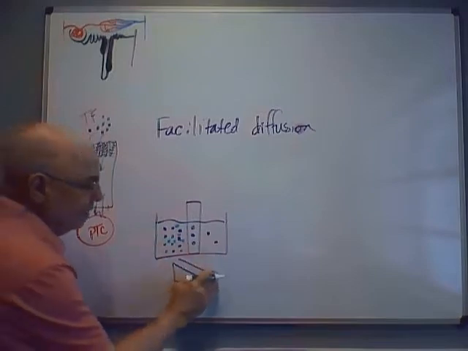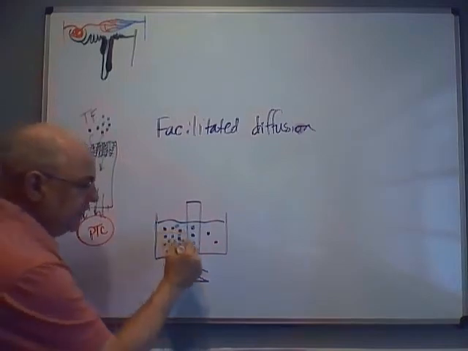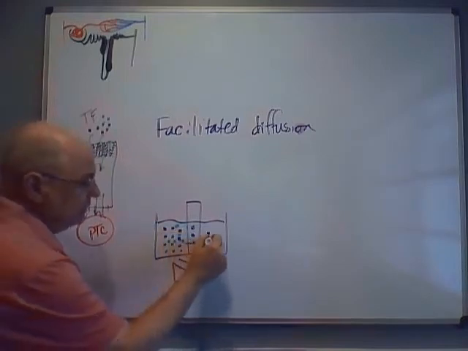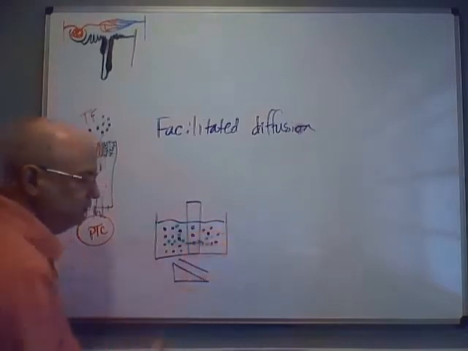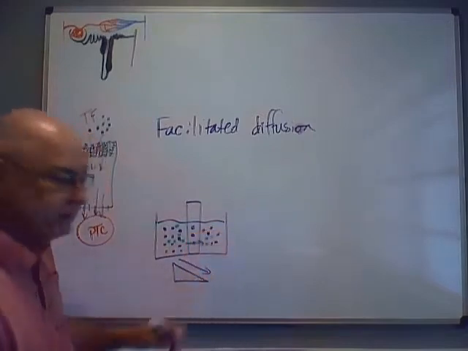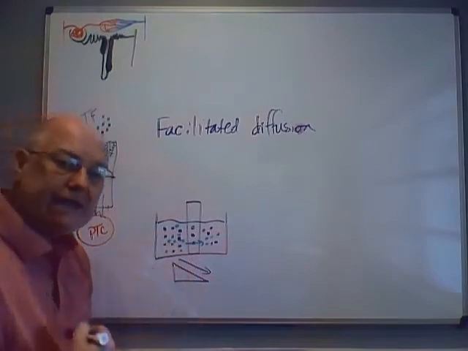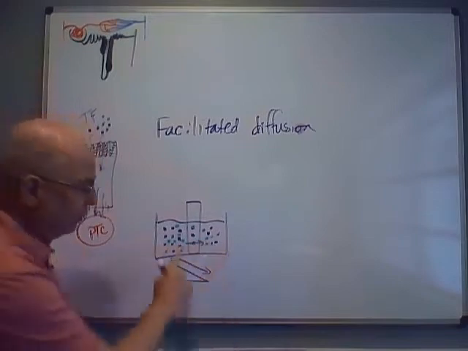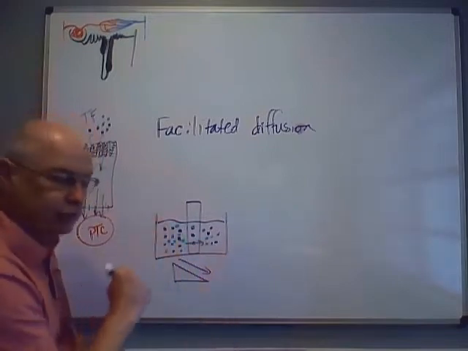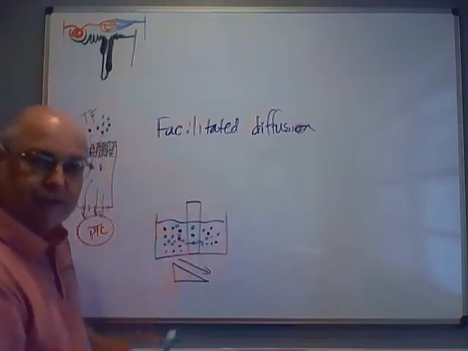So now, without the green stuff, let's say the purple stuff could not diffuse, but if I add the green stuff in and it starts moving across, I all of a sudden notice the purple stuff starts moving across too. So that means that the green stuff, whatever it may be, is aiding or facilitating or helping the other stuff diffuse. Without it, this won't diffuse. So the purple stuff needs the help. It needs to be facilitated.